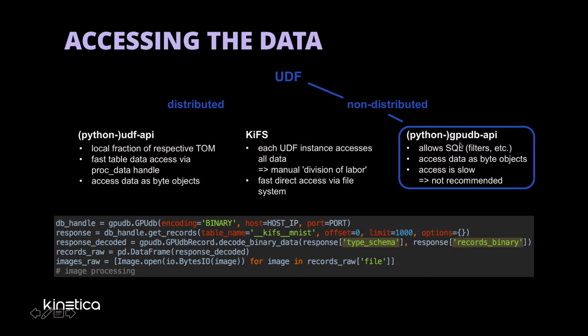This is the GPUdb API. You have your handle, and there you tell what's my table name, how many records do I want to read, and what's the limit. And then here, in this example, there are no options, but this is where you could put in filters, saying I want all the rows where, for example, the size of my images is less than a certain value, right? This is something you could do here with that API.